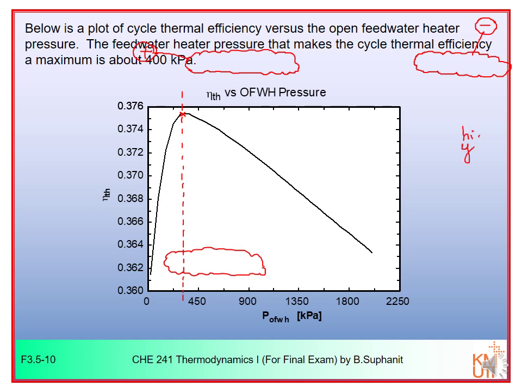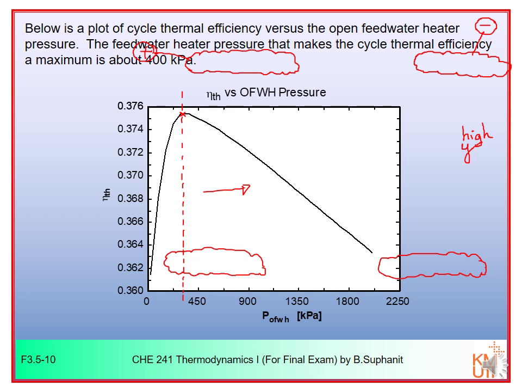You have to extract a large amount of steam. So the effect of the loss in W net would be far greater than the saving that you would achieve in the Qin. So in this region, the thermal efficiency will decrease if you further increase the pressure.